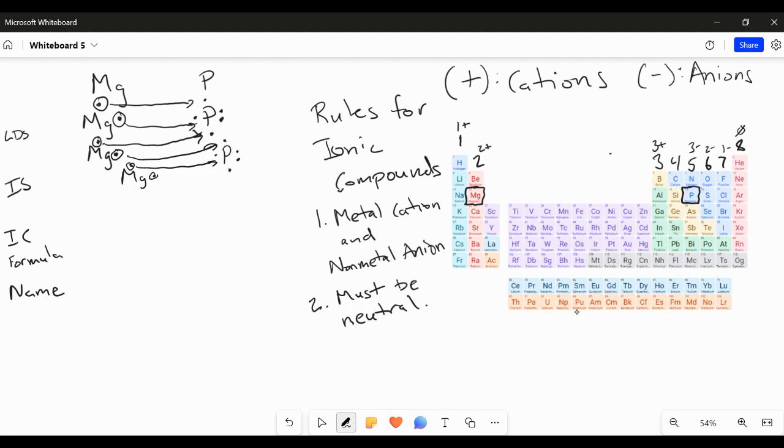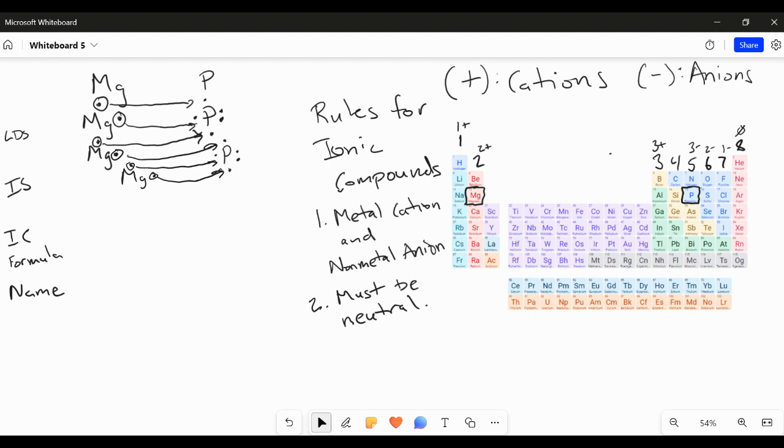This magnesium donates its electrons. And now both of these phosphoruses meet the octet rule because they've both gained 3. First one, 1, 2, 3. Second one, 1, 2, 3. And all of these magnesiums also meet the octet rule because they've all donated their electrons. So all of these meet the octet rule, they're all stable.